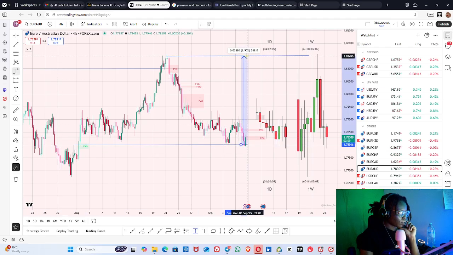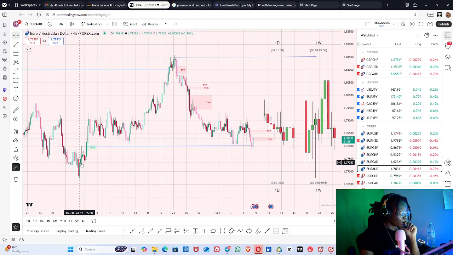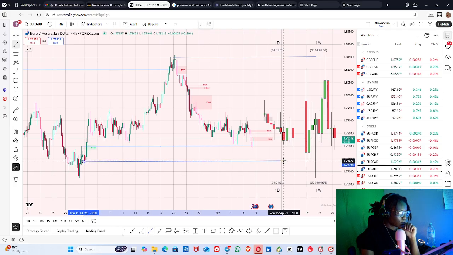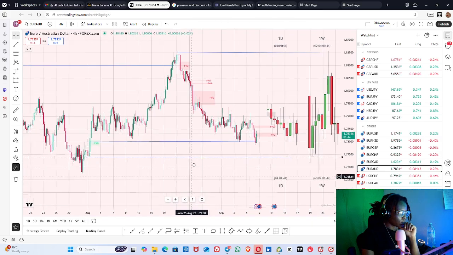Move this to this side. The price can actually come down here if that area doesn't hold. Set an alert.